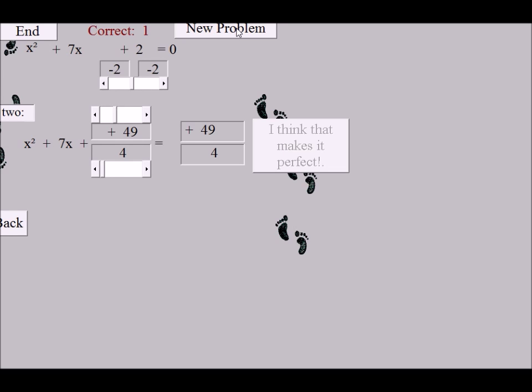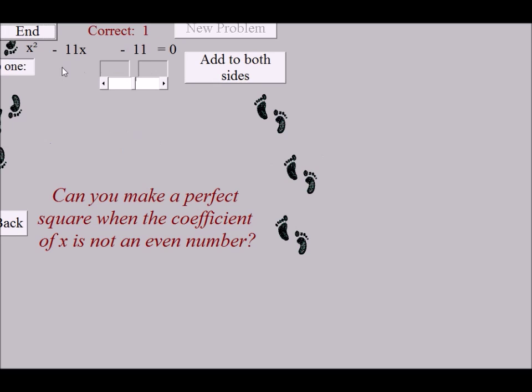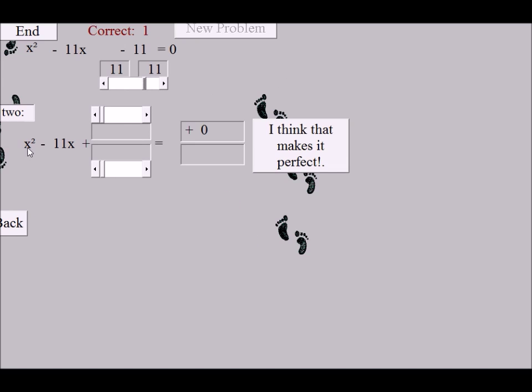Let's do a couple more of these. We're going to add 11 to both sides. Now we need to figure out what x squared minus 11x needs to be perfect. Take half of 11, but don't do the arithmetic.